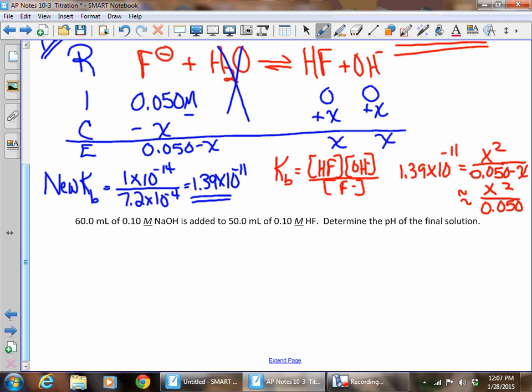So when we solve for x, we've got to solve for x squared and then take the square root. I'm not going to go through that calculation, but x is going to equal 8.33 times 10 to the minus 7th.